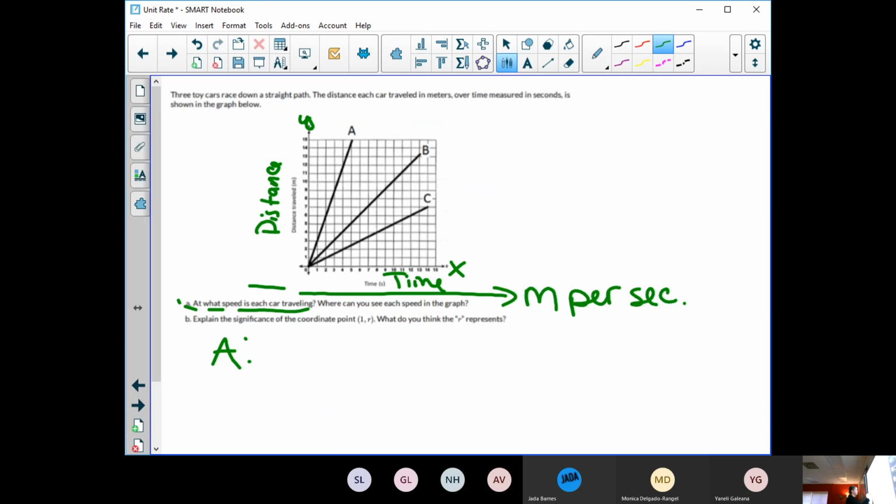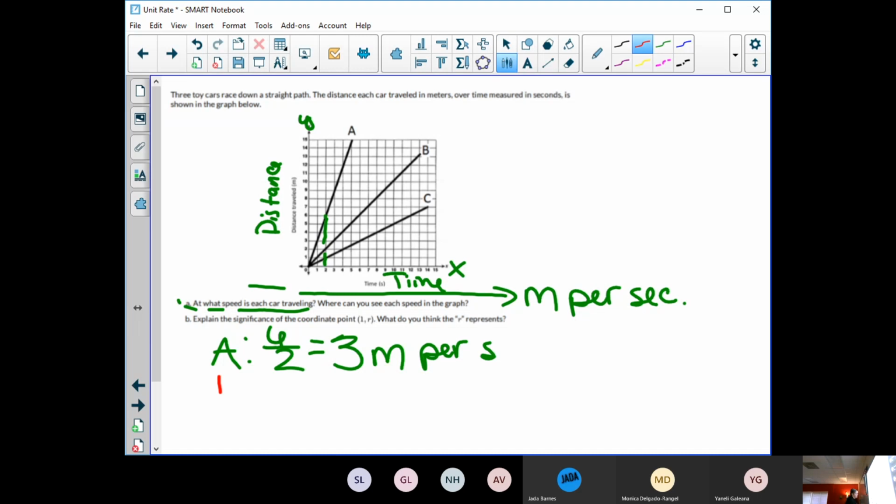So I see a perfect point at 6, 2, because 6 is my y and 2 is my x. So what is 6 divided by 2? 3. So car A is going 3 meters per second. I'm just going to leave an S for second.